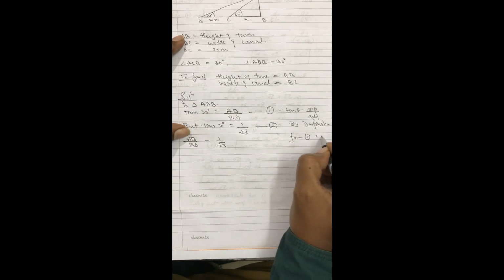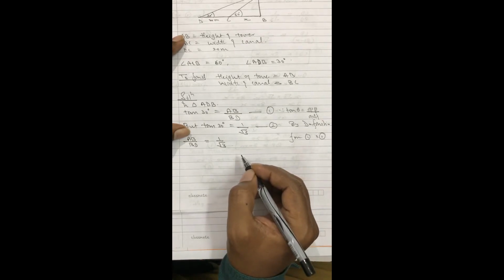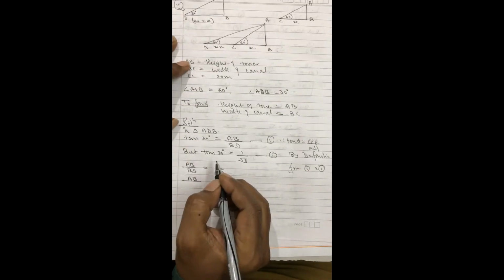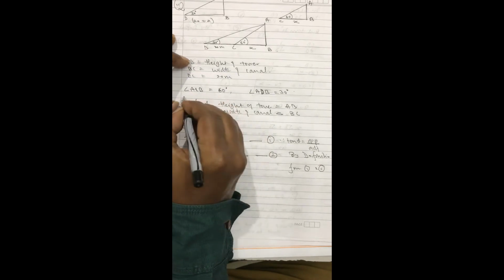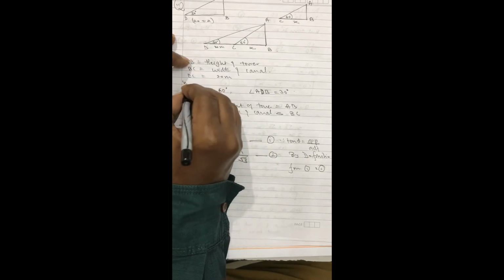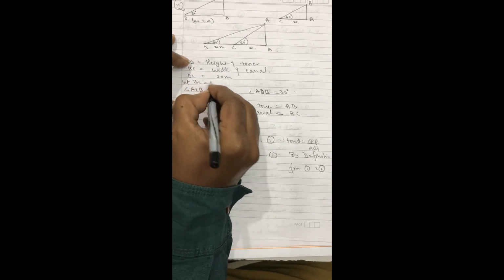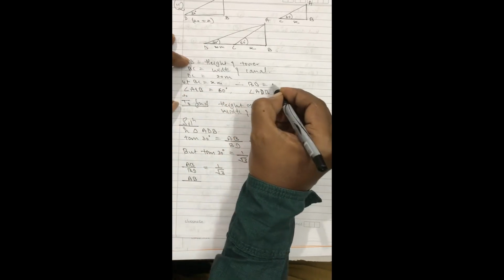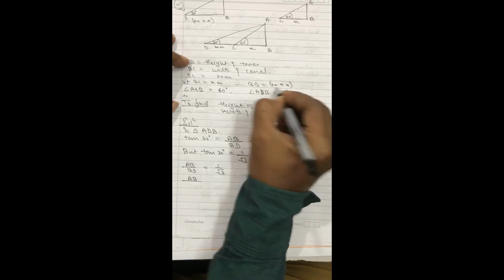I don't know AB, so I keep it as AB, and BD is going to be, now here I should have written that, let BC be equal to X meters, therefore BD is equal to 20 plus X meters. This we require to write.